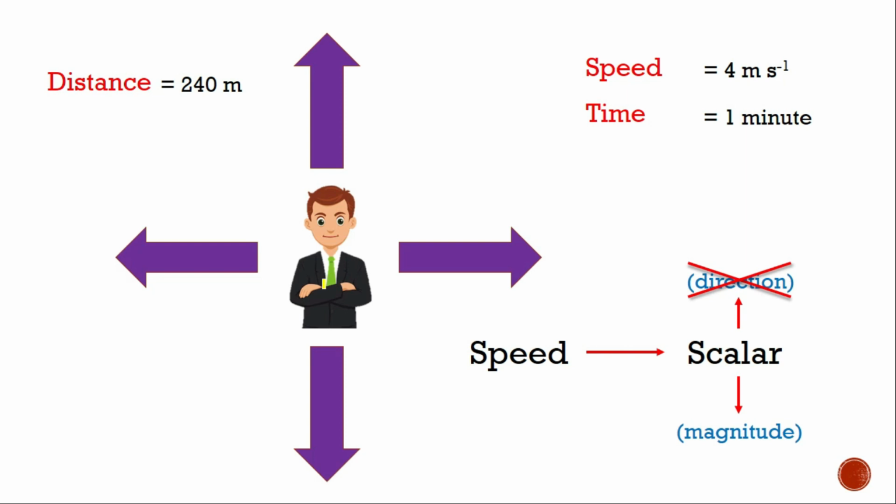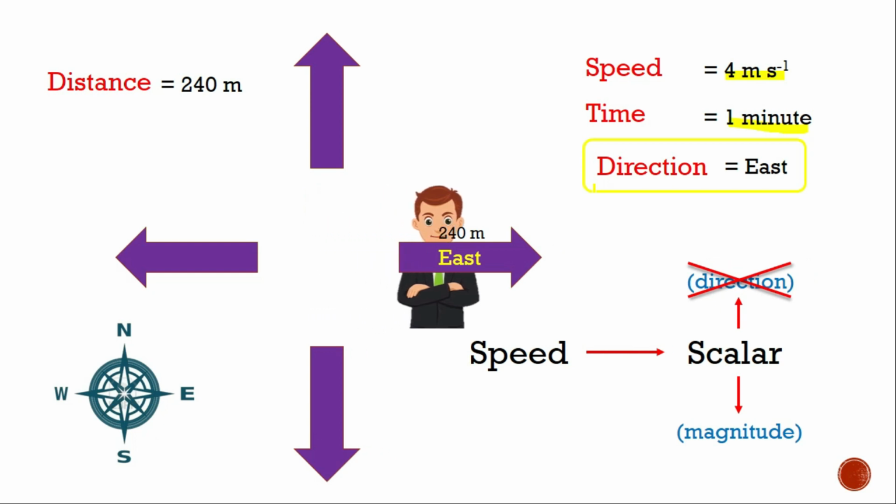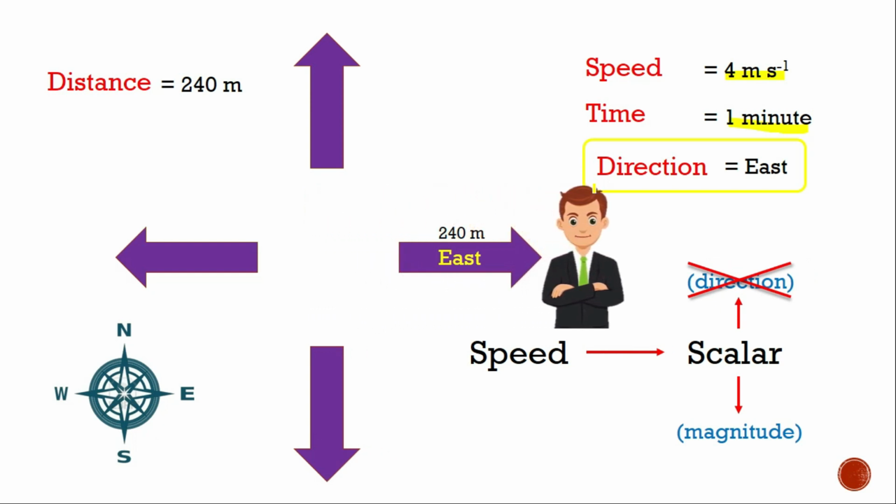But suppose if I say that I traveled with the speed of 4 meters per second for 1 minute towards the east direction. Now this sense of direction of me traveling towards the east can precisely help to determine my exact location, which will be somewhere around here towards the east of my point of origin.